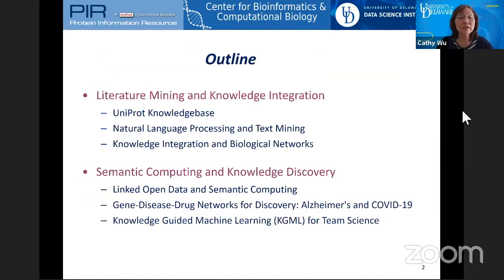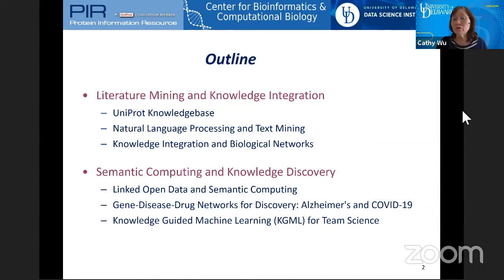So just a quick overview for my talk. First of all, I would like to introduce our collaborative research in the areas of literature mining and knowledge integration. This includes the UniProt knowledge base as a research infrastructure, our research in natural language processing and text mining, and knowledge integration for construction of biological networks.